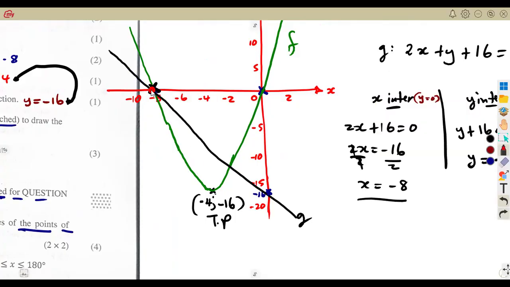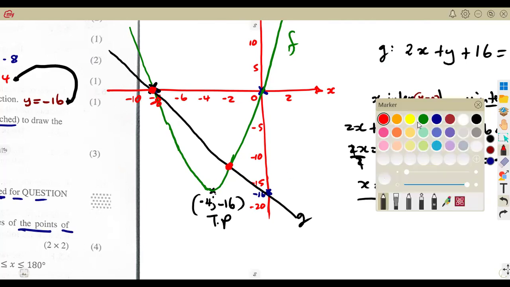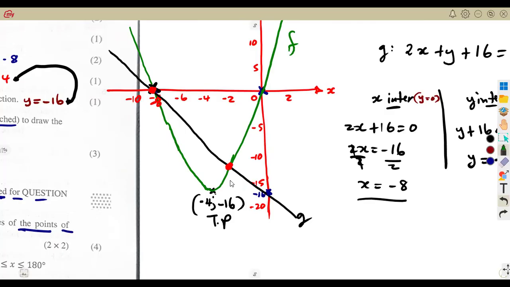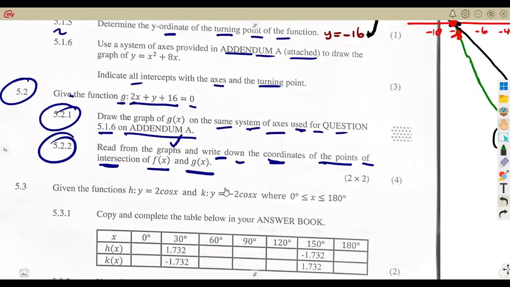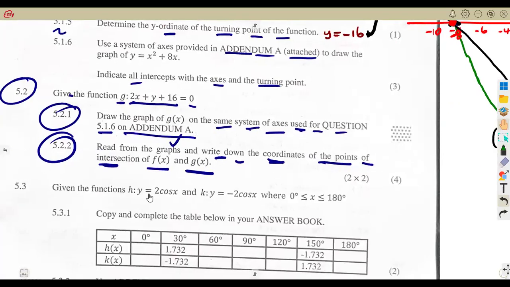They're intersecting here at minus 8. Remember, here it's already a point of intersection. And this one, it's a point of intersection. But what will be the x value? For you to obtain the x value, you take this point with your ruler straight to the x-axis. The corresponding value there is the one that you need.